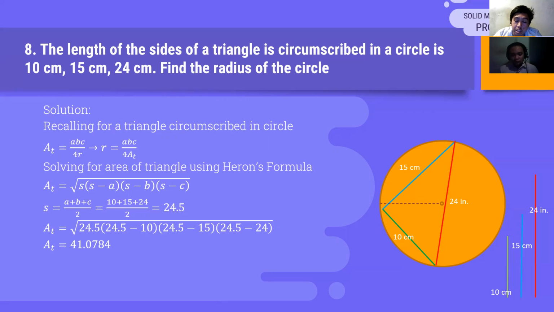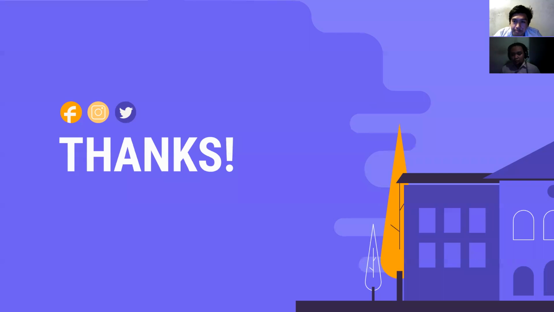Since we already have the area, we just substitute into the above formula that R is equal to A times B times C over 4 times the area of the triangle. We get a radius of the circle that is 21.9093 cm. Thank you. That is all.